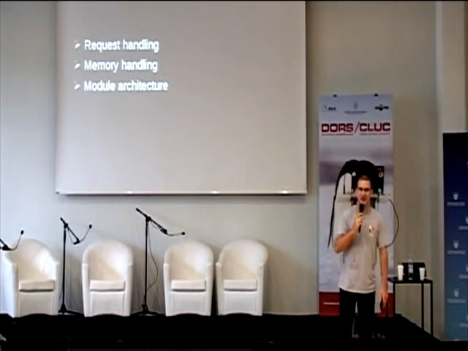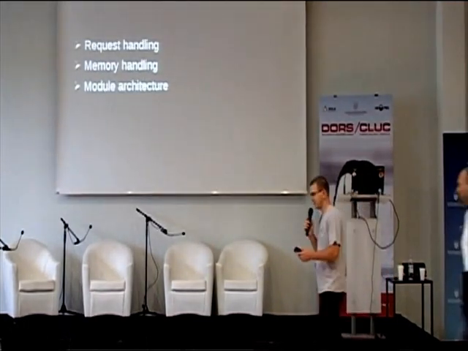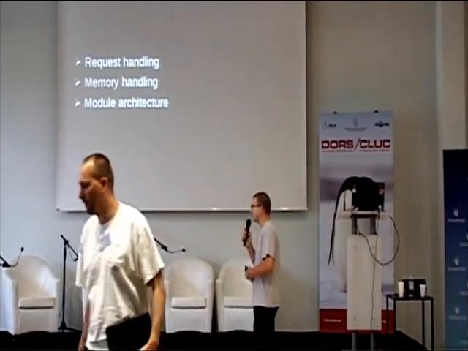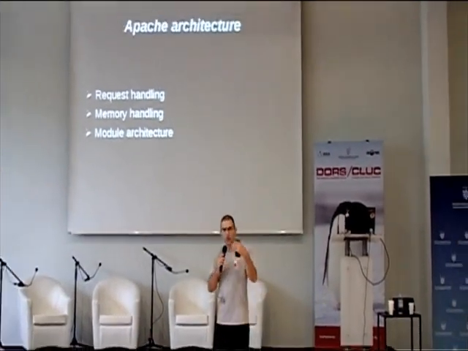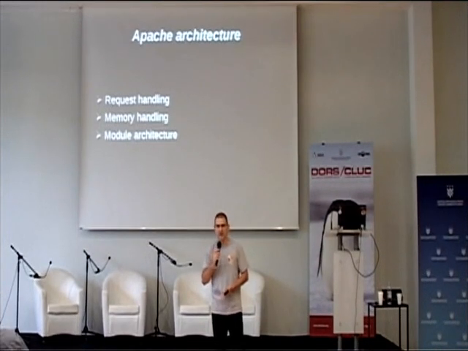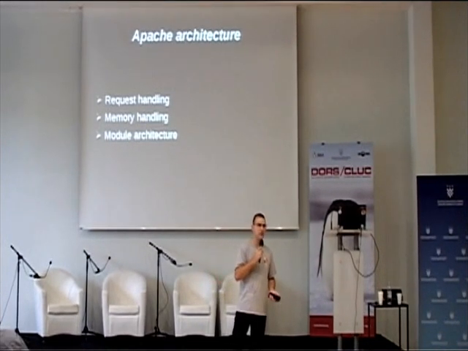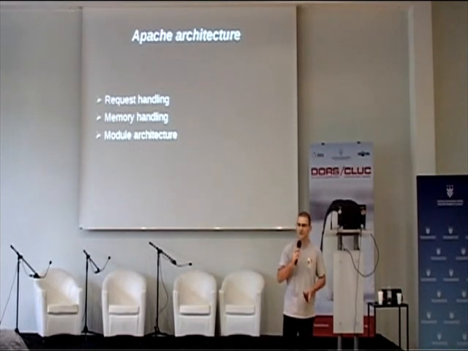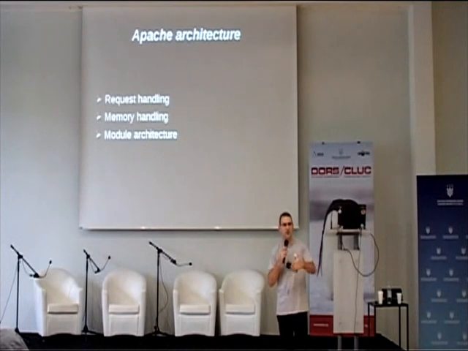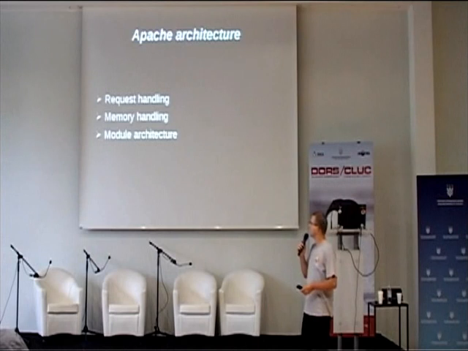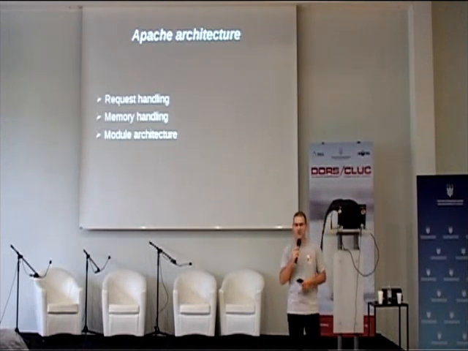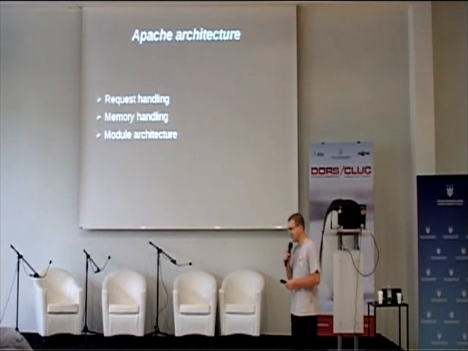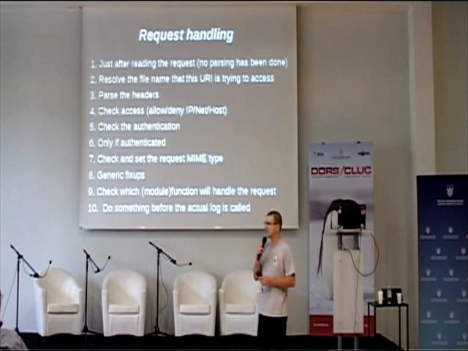First of all, I want to start with how Apache handles its requests and what steps it takes, because in each step your module can help or do something for you instead of your software beneath Apache. So this will work inside Apache and work faster. Then I'll talk about how the memory is handled within Apache, which is a little bit strange. And then we'll show one module in Apache.